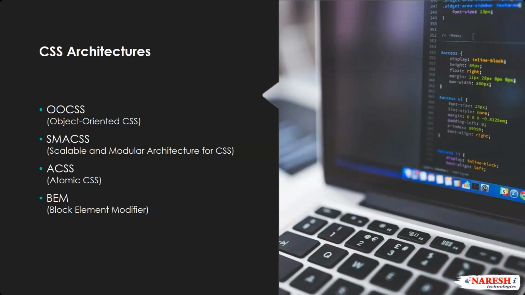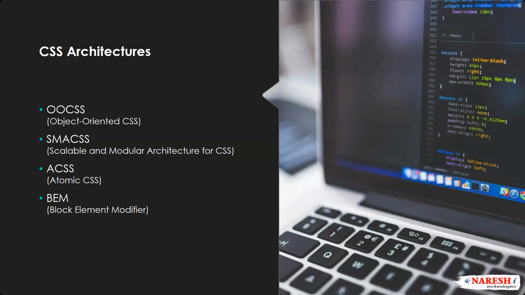So when you learn CSS, you need to know about the various CSS architectures, why these architectures are required, how they are used, where they are implemented, and what is the advantage of using them. The advantage of architecture is making the content reusable, cleanly separated, easily maintainable, extendable, testable. If you learn these architectures, you will be able to achieve such functionalities at large scale when developing large scale applications.